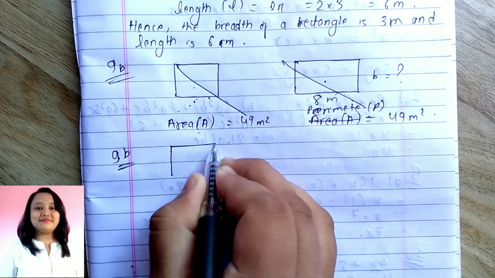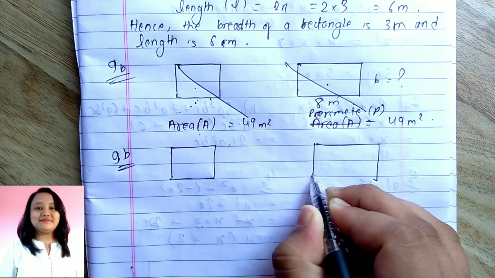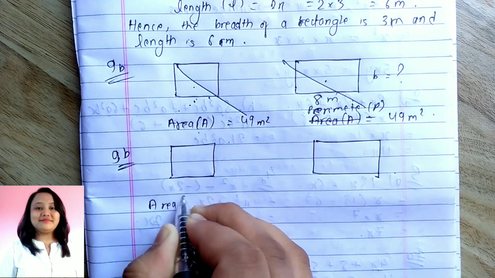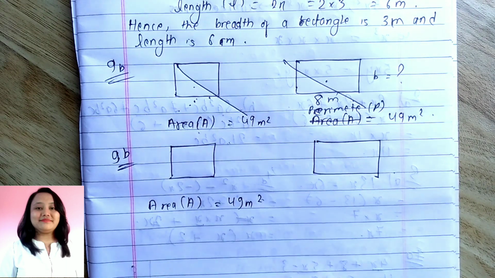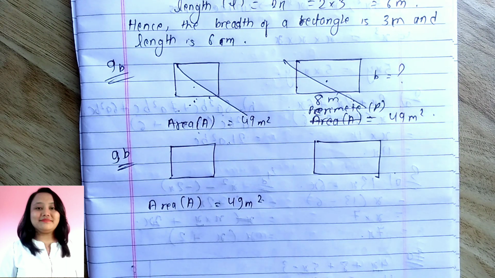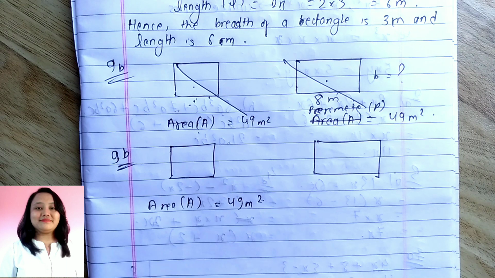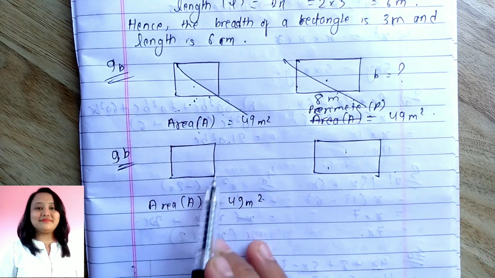There is a square and another there is a rectangle. The rectangle has the same perimeter as the square.